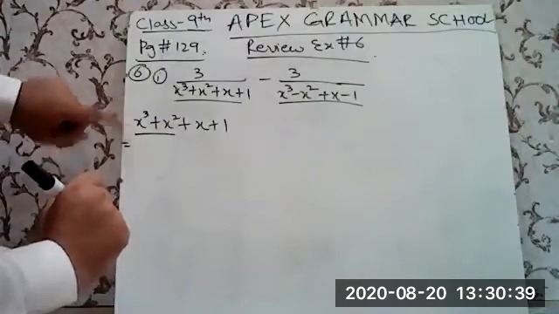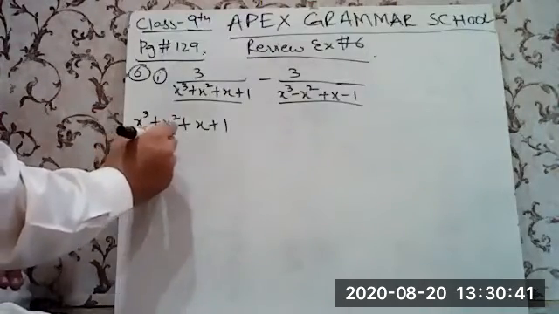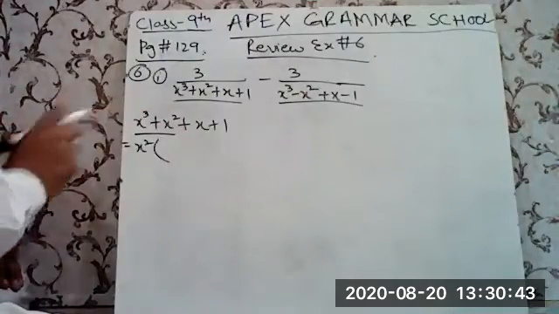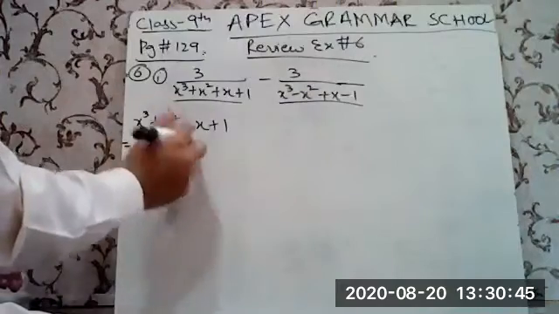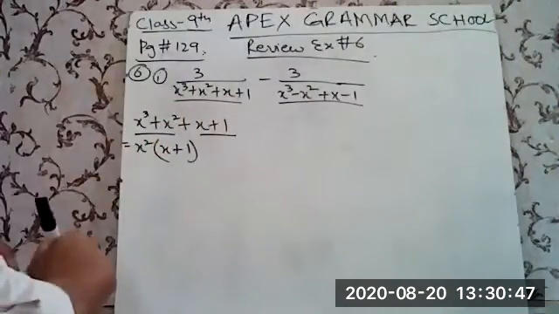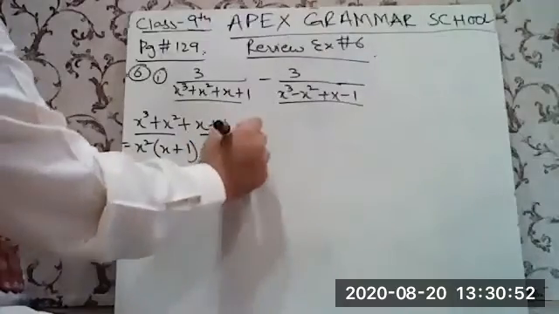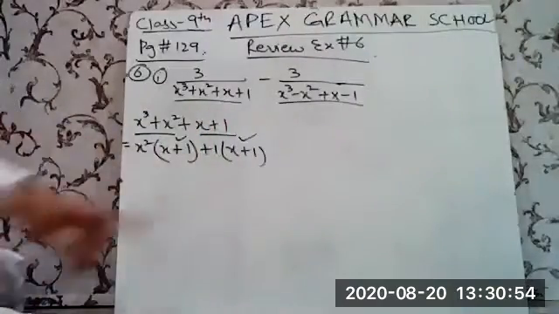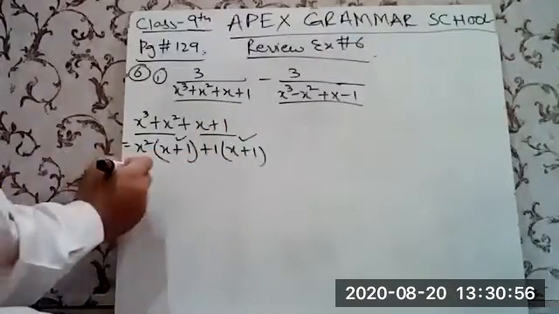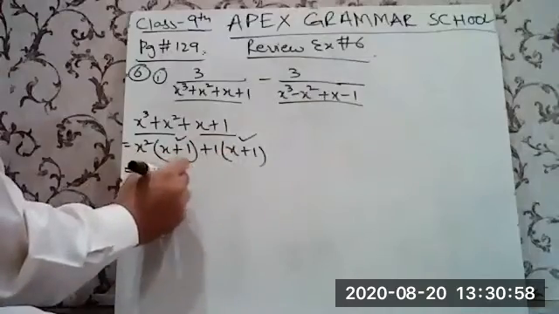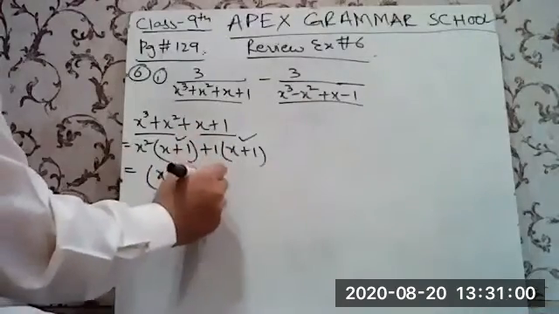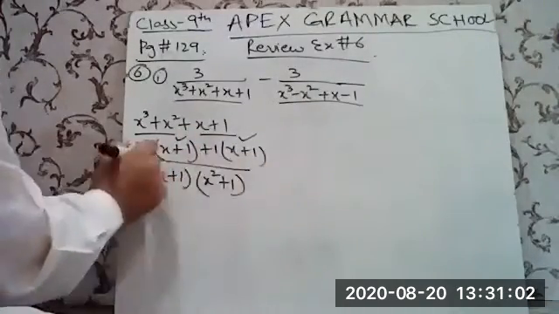You can see that x square is common. So after taking x square common from it, you are left with x plus 1. And what is common here? Only plus 1. You are left with. Now you can see that within the brackets, both are same. So if these are same, then you have to write it once and not brackets.